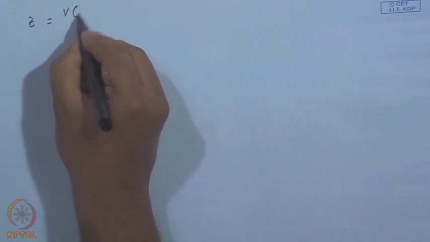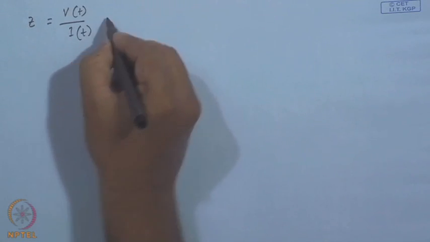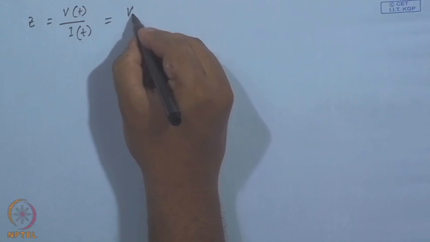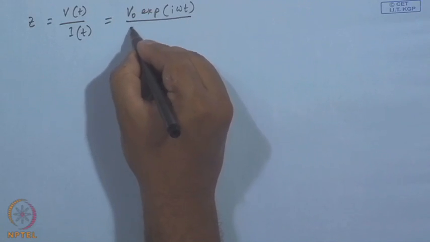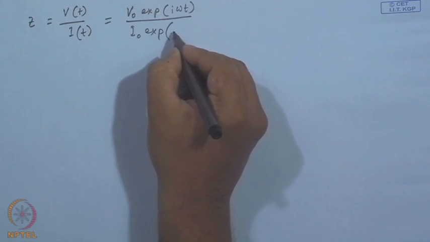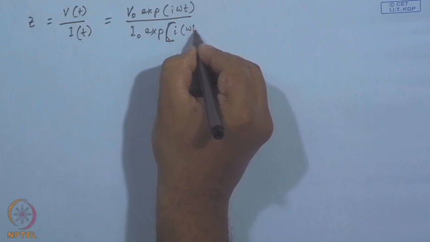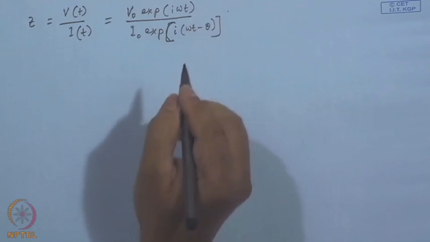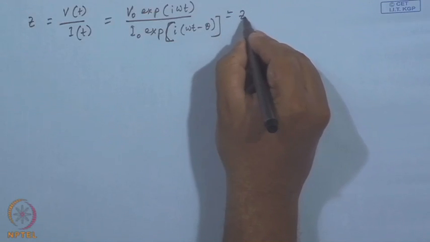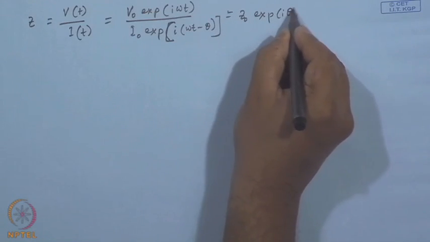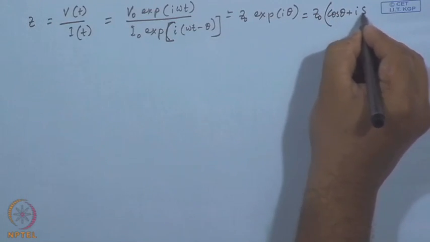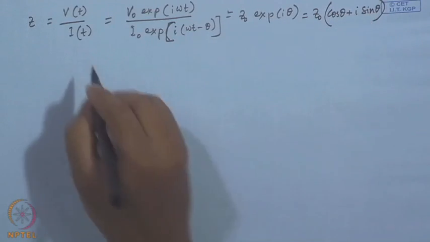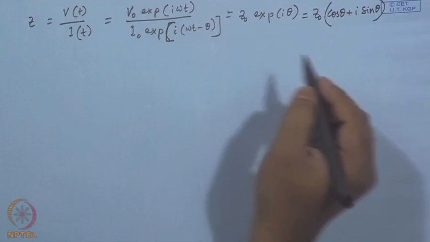V divided by I, and that is this quantity, which is in turn written as a real and an imaginary part, as always.